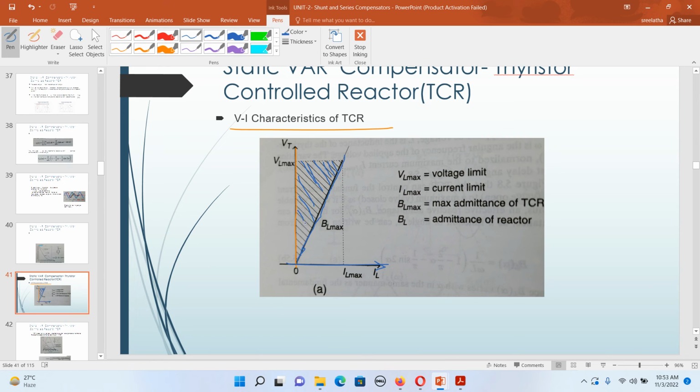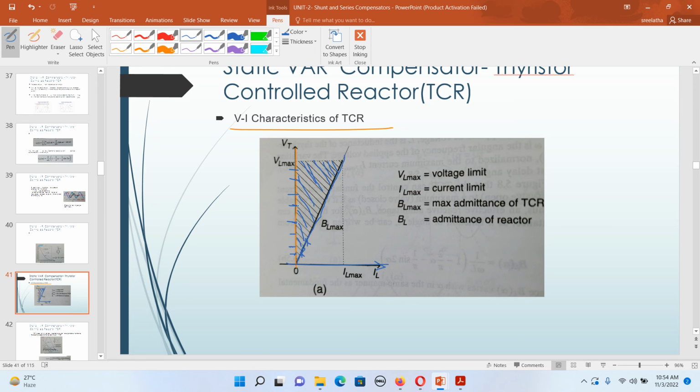What is the operating region? Meaning, for various values of voltage, the current is varied in this fashion. So for this voltage, this much current you can expect. For this voltage, this much current you can expect. So this is the maximum current, the operating voltage.